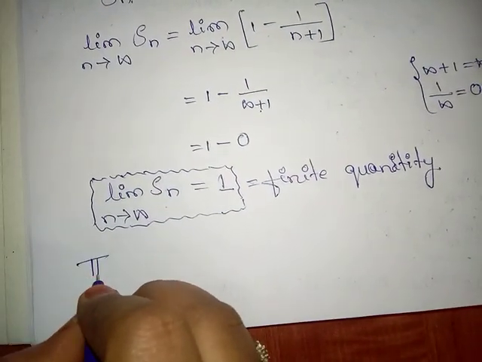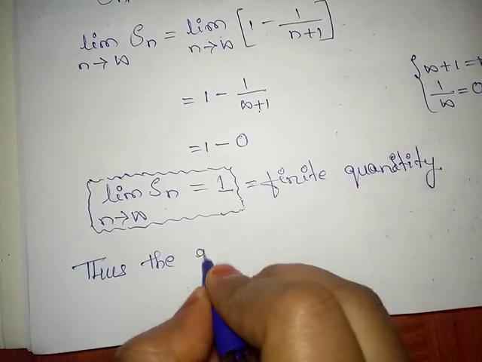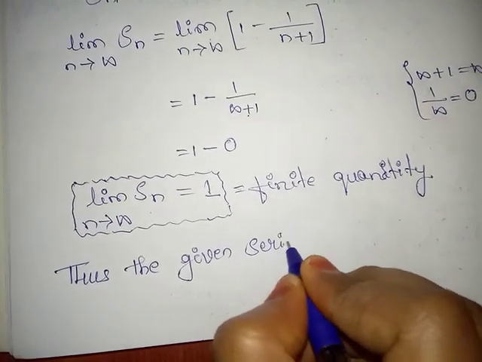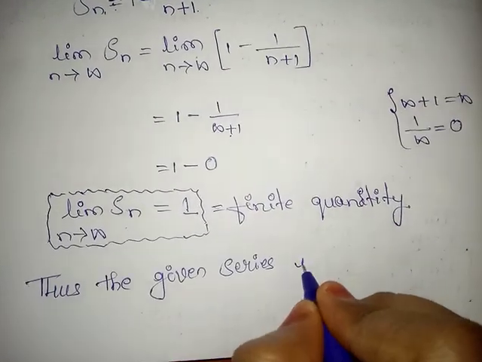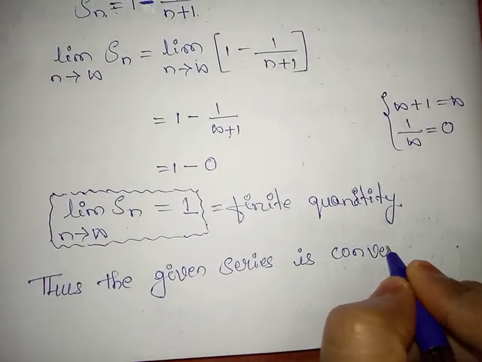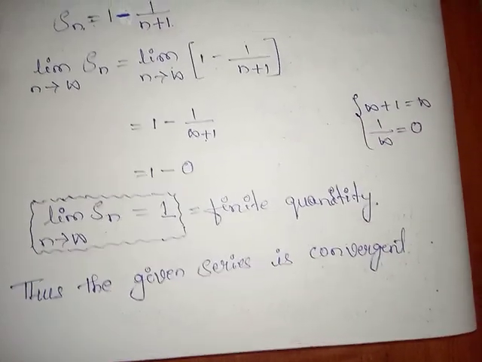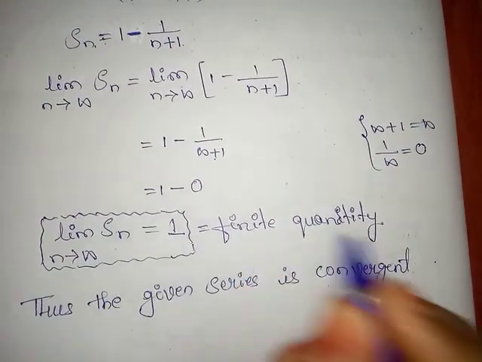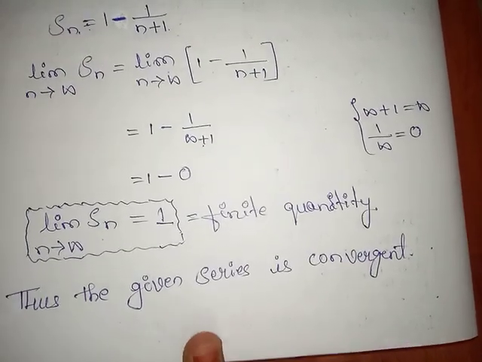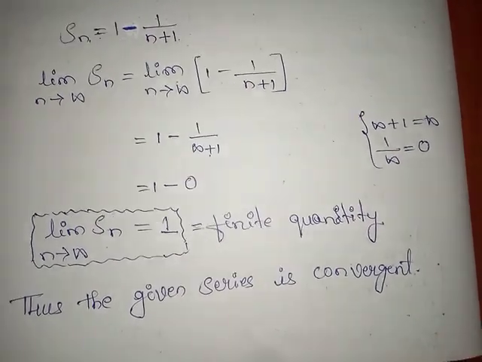Thus, the given series is convergent, because if limit n tends to infinity, Sn tends to a finite quantity, then that series will be convergent. Therefore, our given series is convergent in this example.